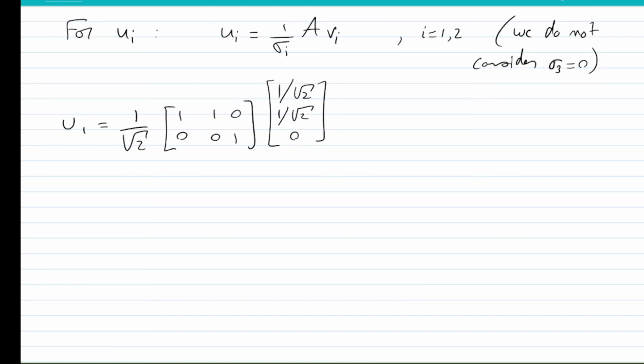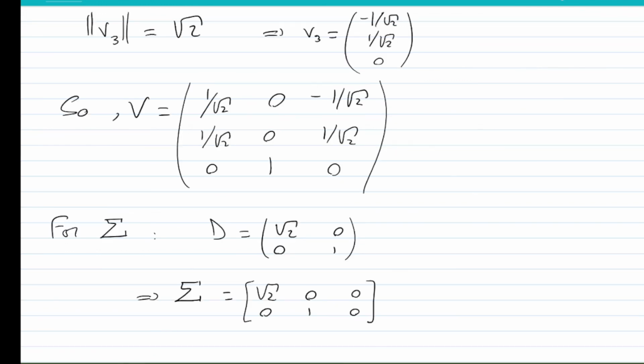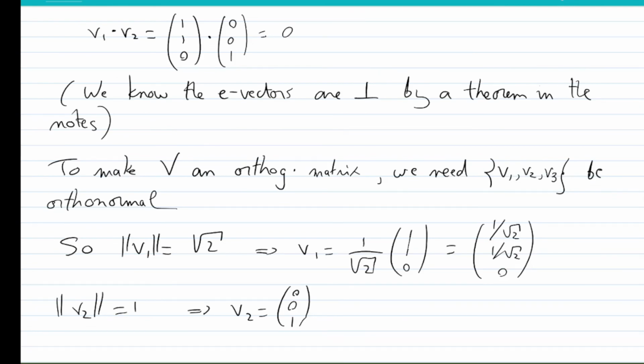To simplify my life, why don't I carry through this multiplication first? So this is 1, 1, 0, 0, 0, 1 times a half, a half, 0. That gives me a half and a half is 1, and the second row is 0. That's U1. U2 is equal to 1 over sigma 2, and sigma 2 was 1.